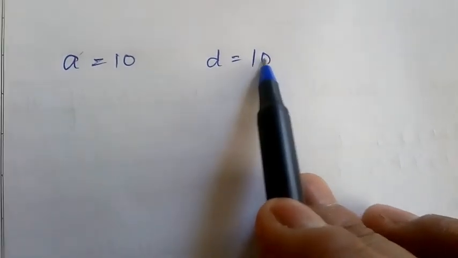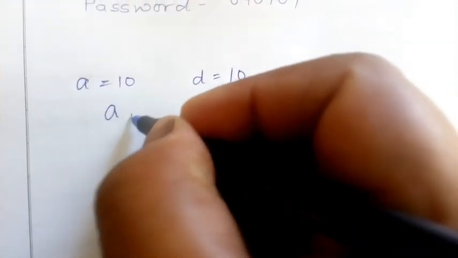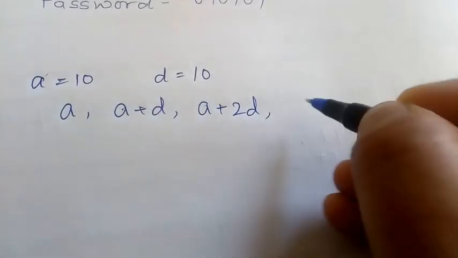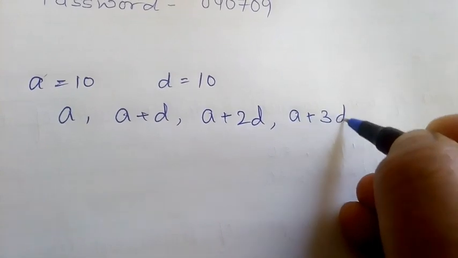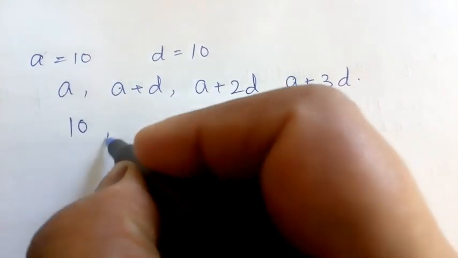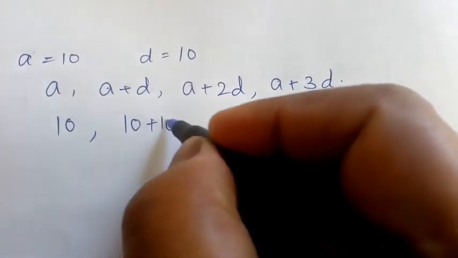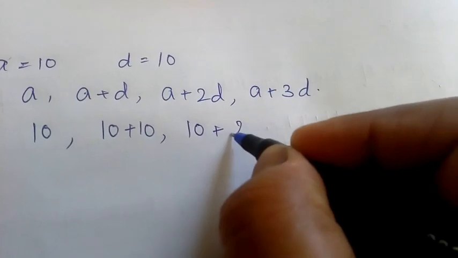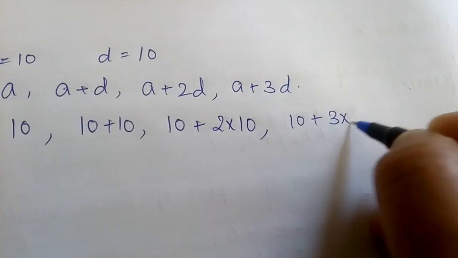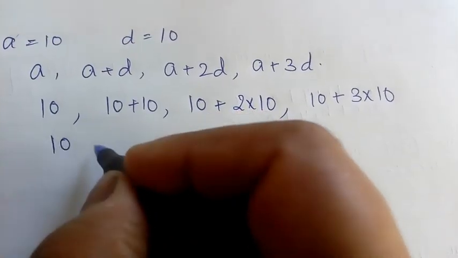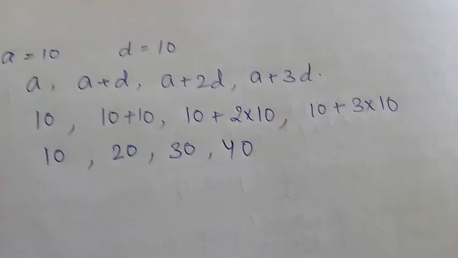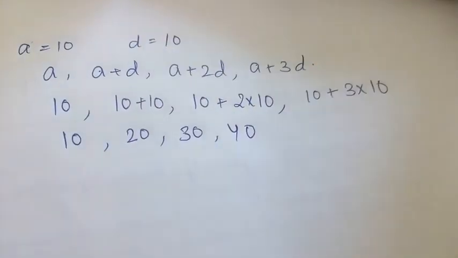First term 10, next 10 plus 10, then 10 plus 2 into 10, and the fourth term is 10 plus 3 into 10. The sequence will be 10, 20, 30 and 40.